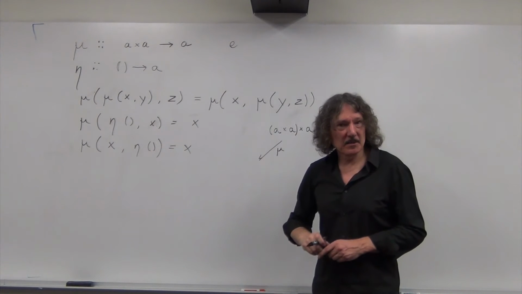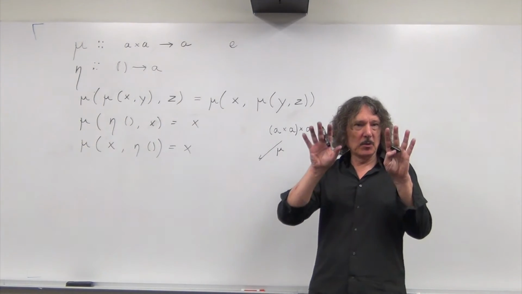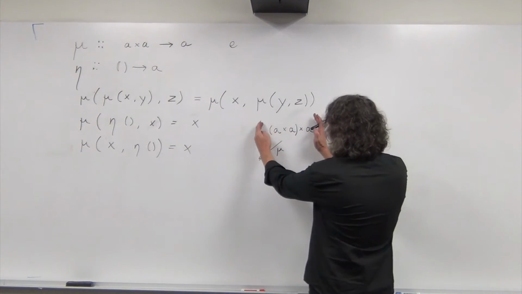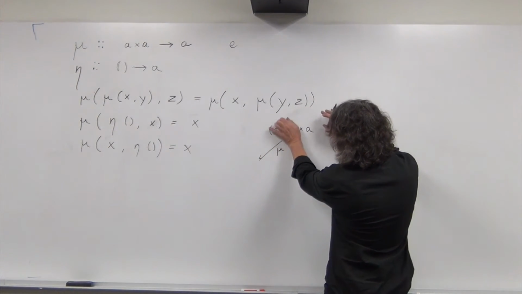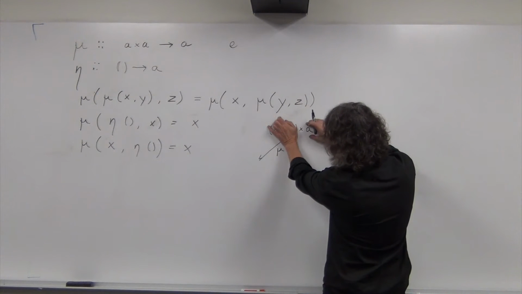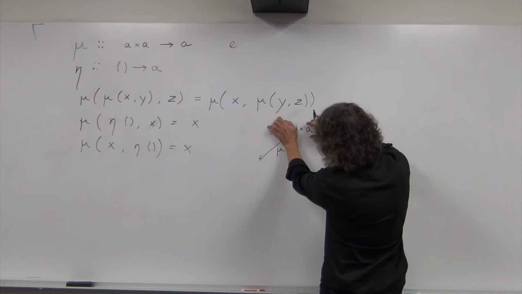But remember, a product is a bifunctor, so we can apply two functions at once. We are acting here on a product. Let's look at this as one element of the product and this as another element of the product. We are acting with mu on this, and we are acting with identity on this.